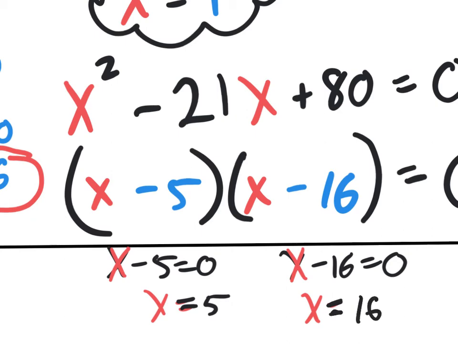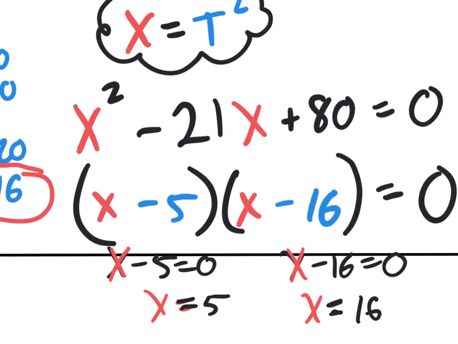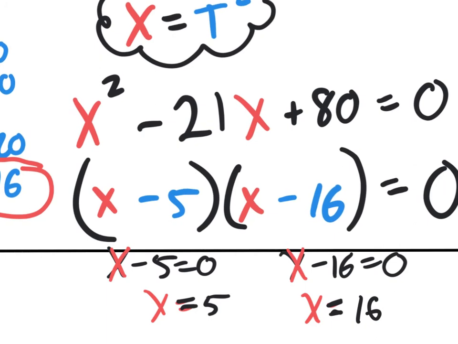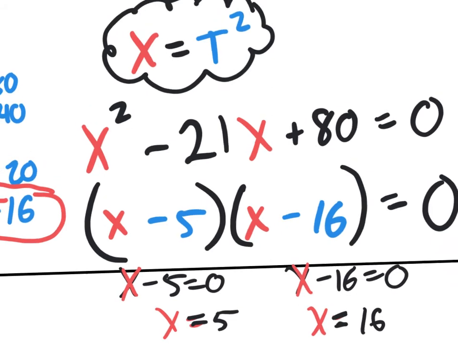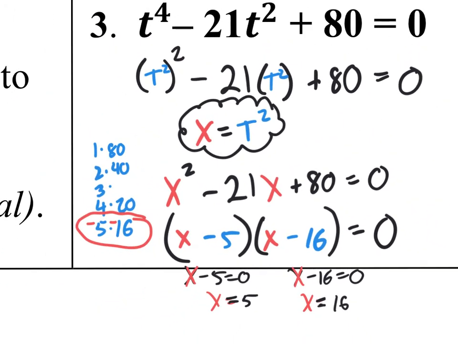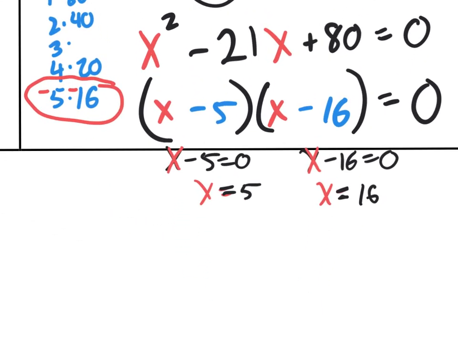Now, those are not answers because I need to go back and replace what those red x's really are. And up here in that little cloud, it says that those red x's really are t squares, blue t squares. So I'm going to replace those blue t squares for the red x's. So we have a t squared equaling 5, and we have a t squared equaling 16.